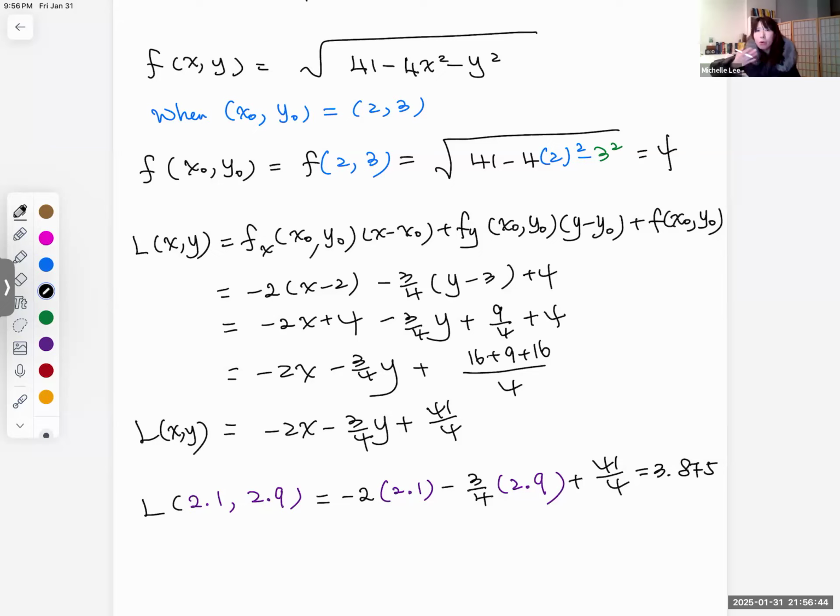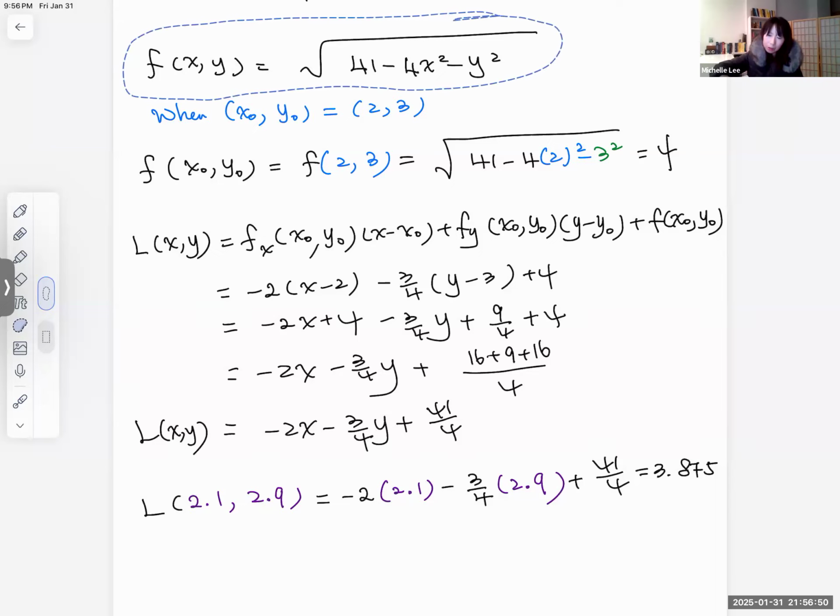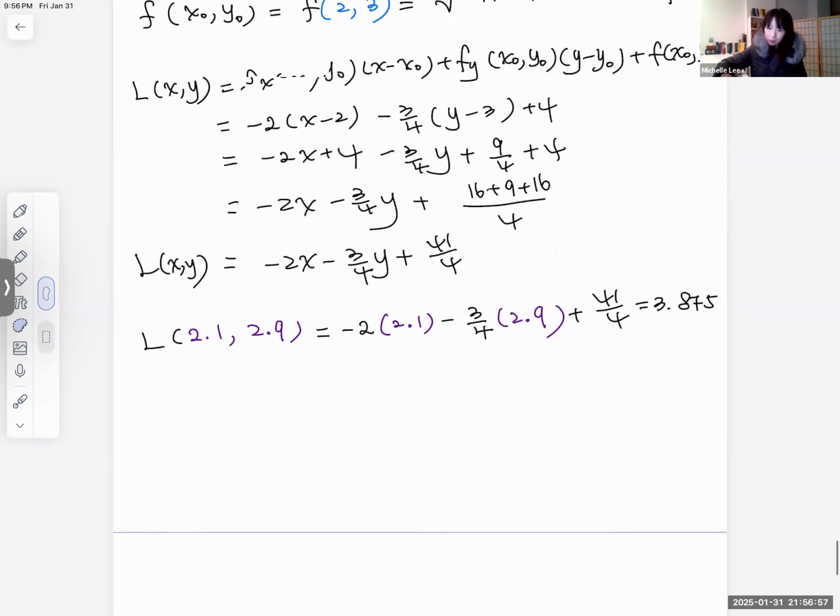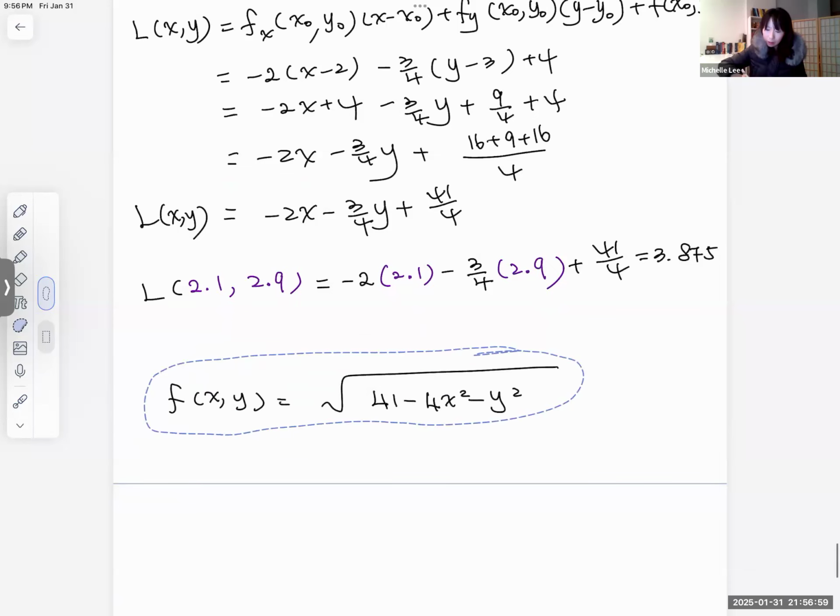Okay, let's compare with the original function. So we can see the difference between the original function and the linear approximation, right? So we always do that.